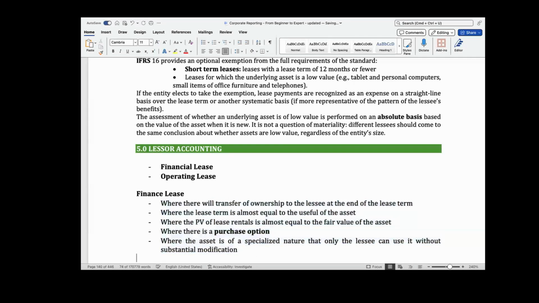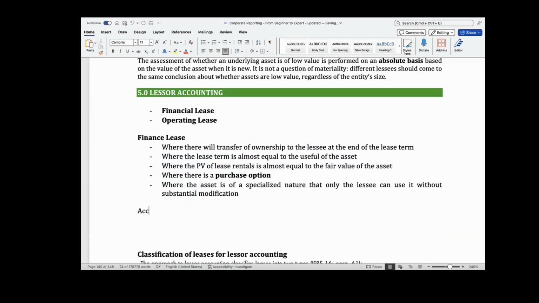Now, when you have a finance lease, how do you then account for it? Let's quickly go through how to account for a finance lease, then we'll look at an operating lease, then we'll solve questions on those 2.